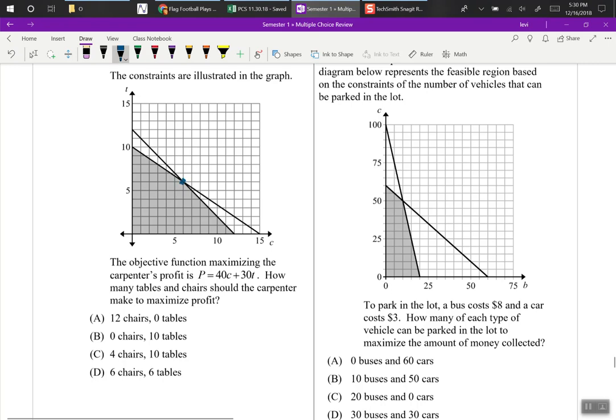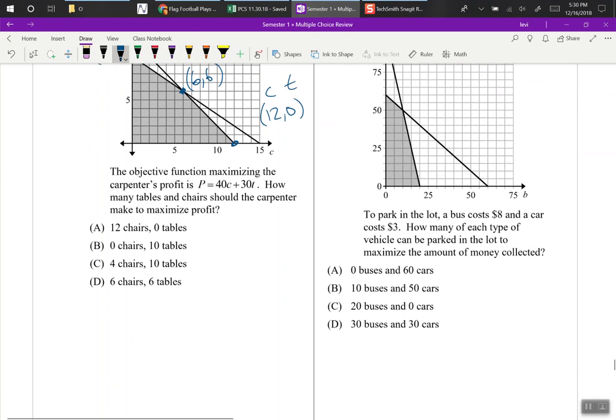This point looks to be 6, 6. This point here looks to be 0, 10. And this point here looks to be 12, 0. And the C is the X, and the T is the Y.